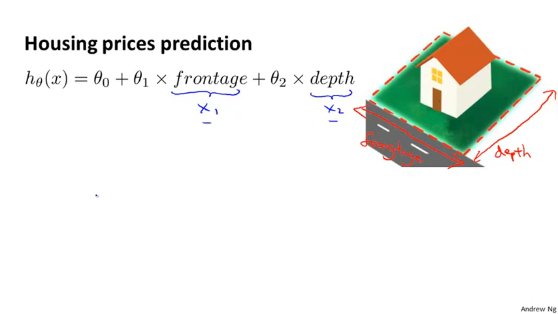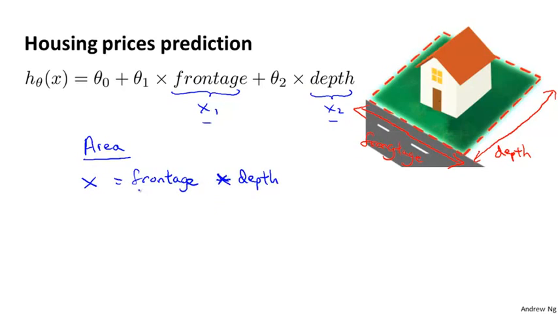So if I want to predict the price of a house, what I might do instead is decide that what really determines the size of a house is the area, really the land area that I own. So I might create a new feature, and just call this feature x, which is frontage times depth. This is a multiplication symbol, right?